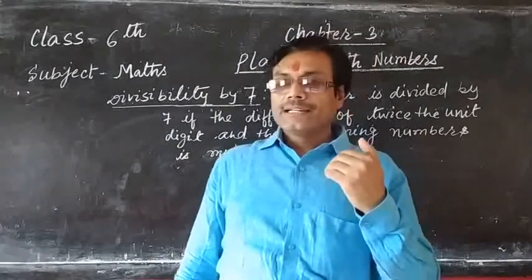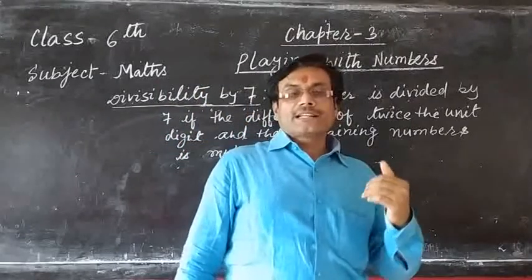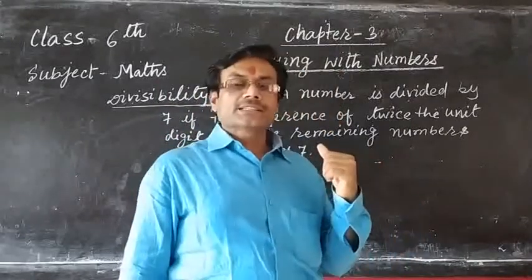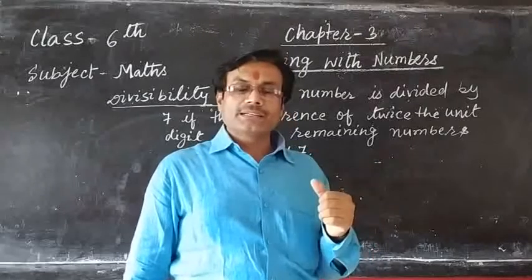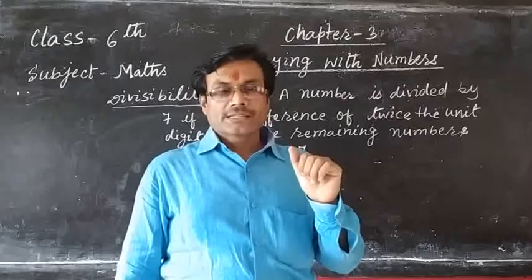If the difference of twice the last digit and the remaining number is a multiple of 7, then it must be divisible by 7.